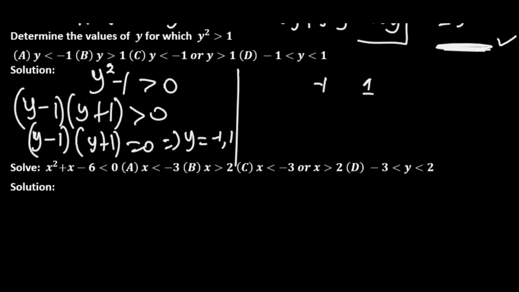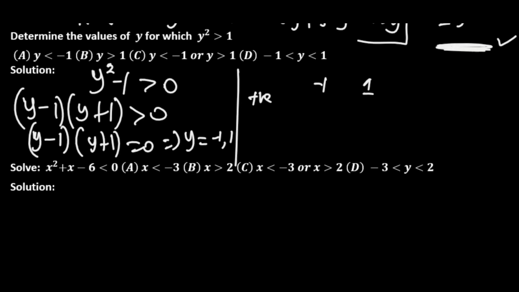Which is minus 2. So if you plug in minus 2 here, minus 2 minus 1 is negative. Minus 2 plus 1 is negative again. So negative times negative is positive. That's what we are asked for.